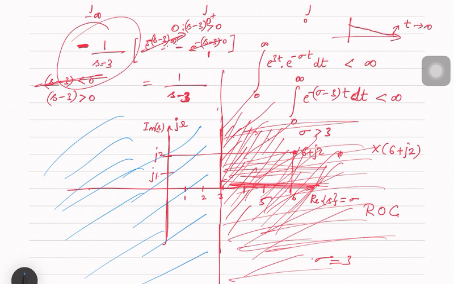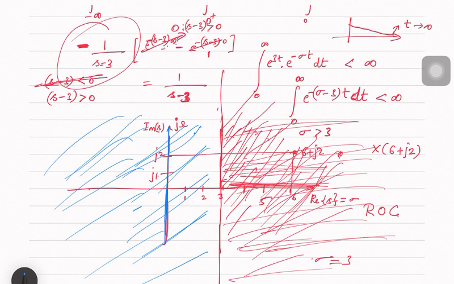Which means the Laplace transform may go to infinity. Whenever you evaluate the Laplace transform on this line, it will be nothing but your Fourier transform x of j omega, where sigma is equal to 0. So the Fourier transform is basically the Laplace transform evaluated on the imaginary axis, with s equal to j omega only, with sigma equal to 0.